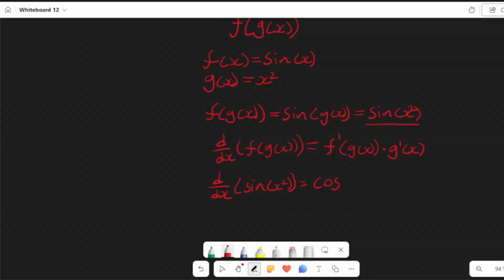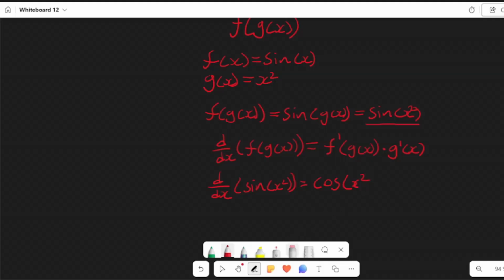And our input is g of x. So the derivative of sine is cosine, and we want to have g of x be the input, so it's going to be cosine of x squared. Let's see.